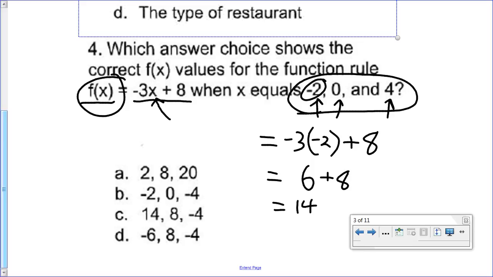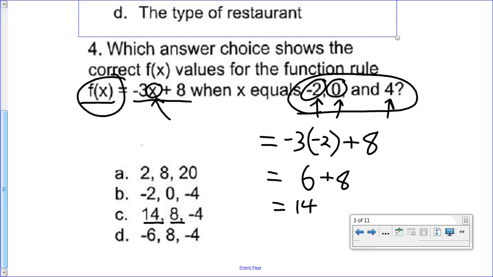Well, let's look at our answer sets. I only see one 14, period, and it's right there. So automatically we know it's C, but let's just check just to make sure that when we plug in 0, we'll get 8 like it says we should. So we don't even have to write that. We see this x.